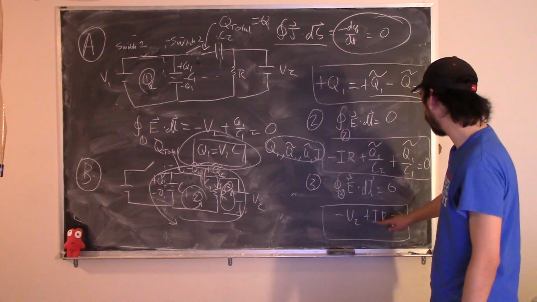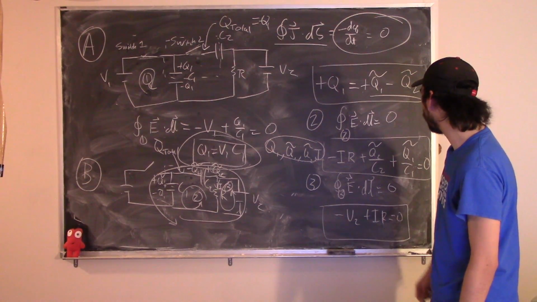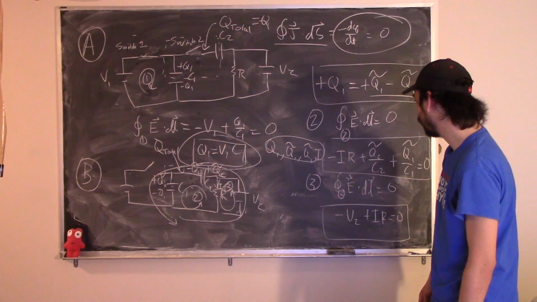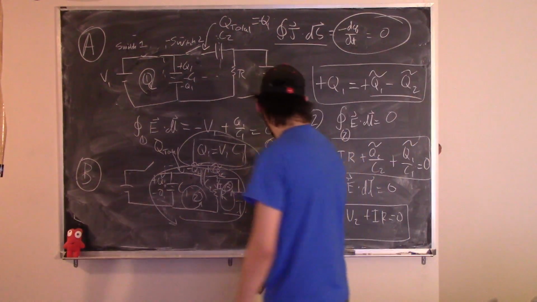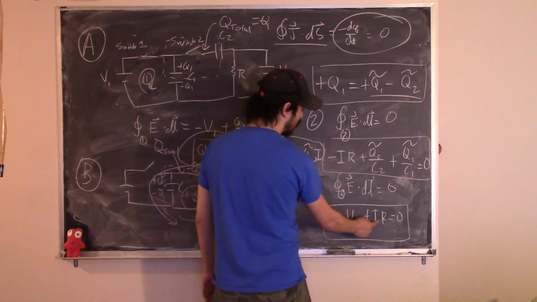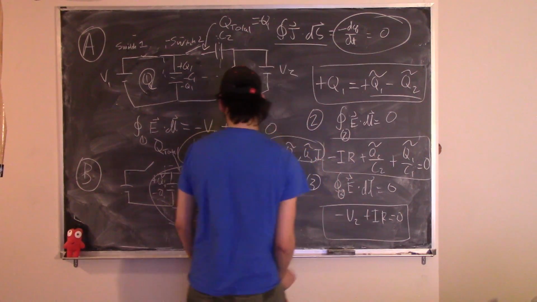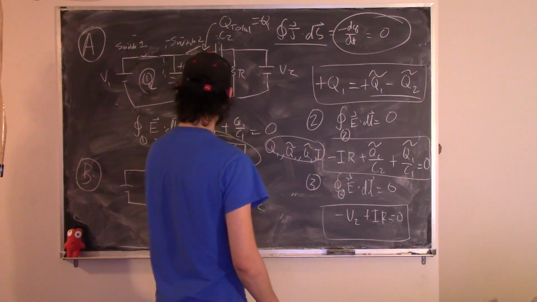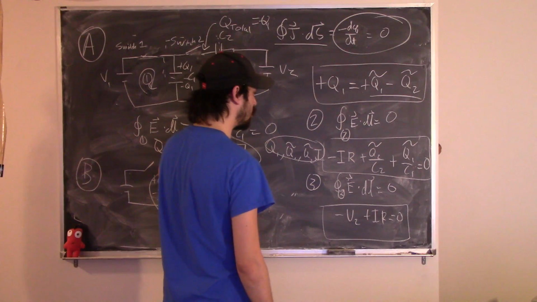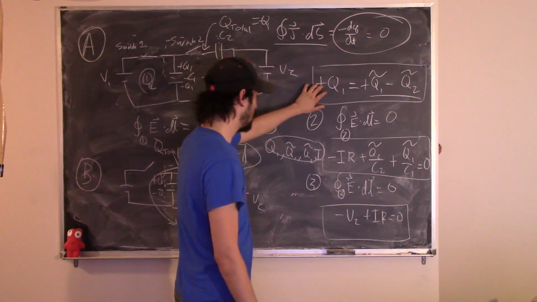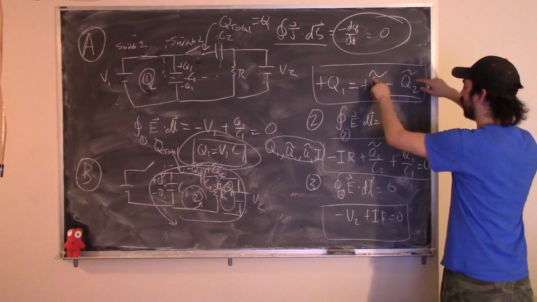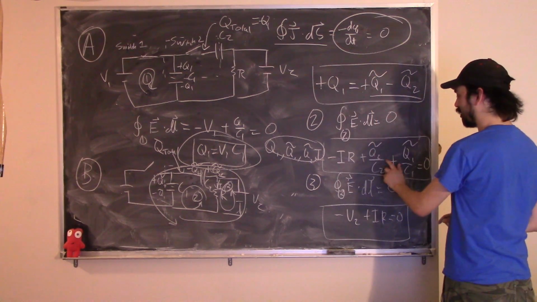If you did want to solve this, the first thing that I would do would be to find I. I is the easiest thing to find. I is just going to be V2 divided by R. And Q1 is already written in terms of V1 and C. So I could take this Q1 and plug it in here, and then I could solve this equation for Q1 tilde, and then plug it into this equation.